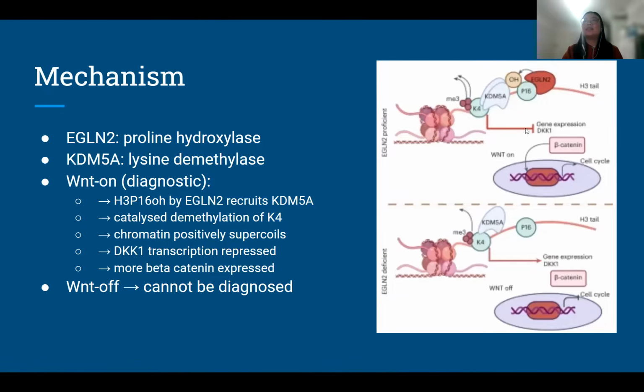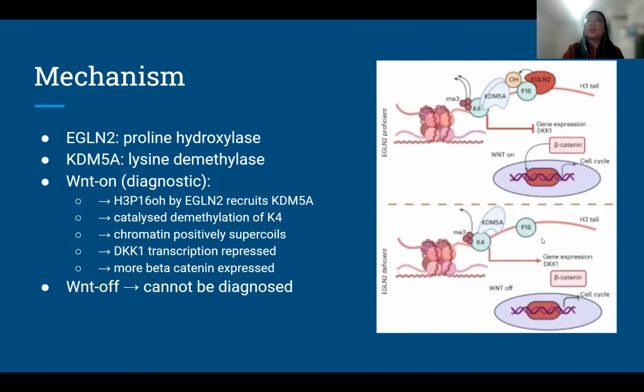So that's basically what happens. If they inhibit EGLN2, this will stop the recruitment of KDM5A. You can see that KDM5A also naturally demethylates K4 of histone H3, but it occurs at a slower rate, and it's not significant to the overall level of expression.